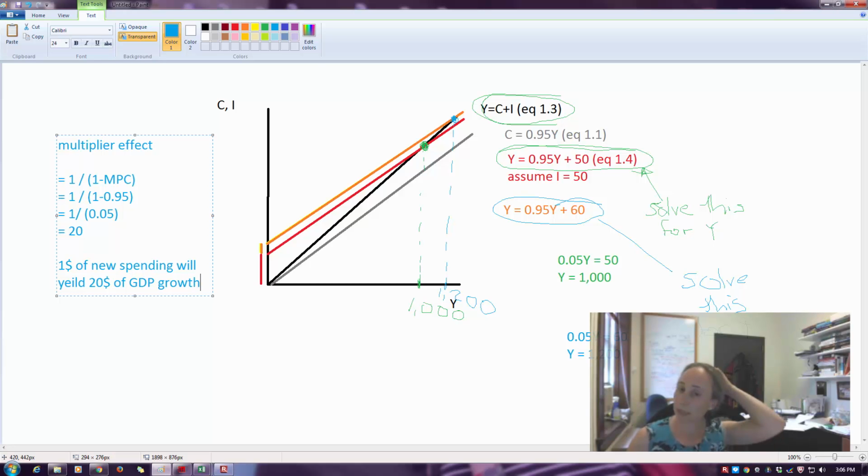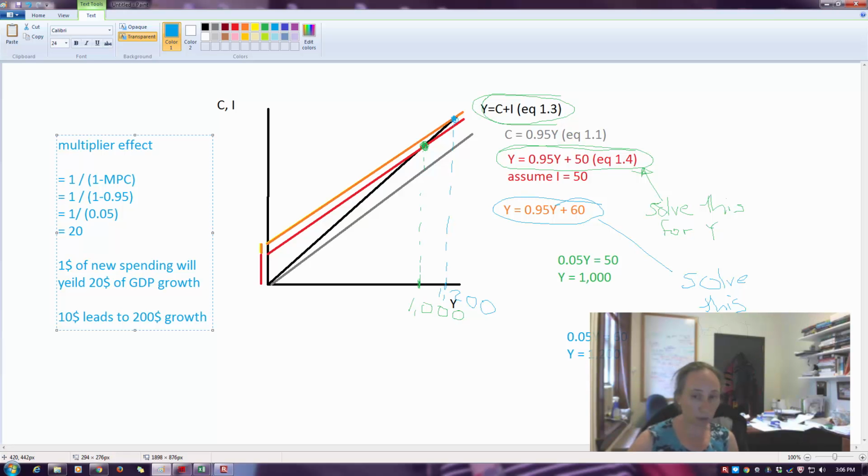Okay, so this is where we get the argument behind stimulus, Keynesian stimulus. If you throw $10 in, you'll get 200, right? So $10 leads to $200 growth. So if you can infuse $10, you can increase GDP by 200 because of that multiplier effect.